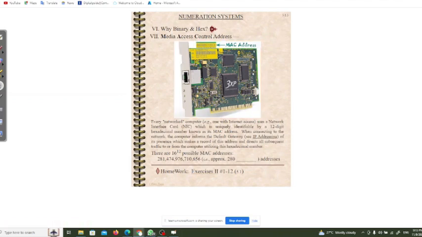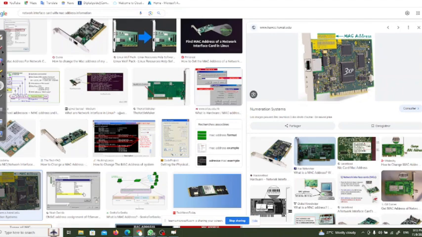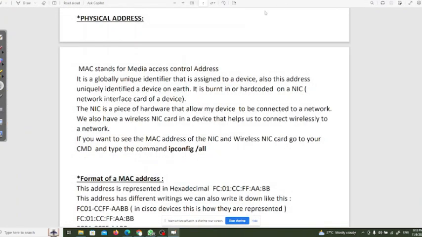Okay, that is the first way to find out the MAC address on the network interface card. The other way you can use to find the MAC address of the network interface card on your laptop, is to make use of what we call the command prompt, to see the MAC address information in software.